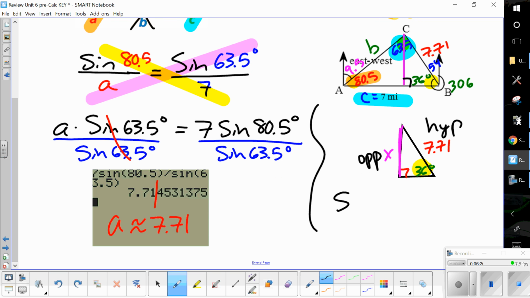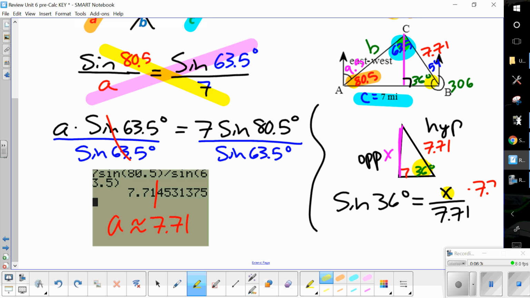So I go sine of 36 degrees equals X over 7.71. Now this is a one-step algebra equation. If I want to get X alone, the opposite of dividing by 7.71 is multiplying by 7.71, and I have to do that on both sides of the equation to balance out.